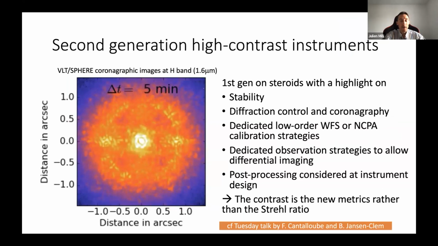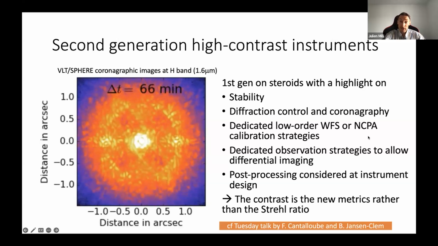And now with second generation high contrast imagers like SPHERE, GPI, MagAO-X, we have a much more stable point spread function or coronagraphic images. Here you see a sequence varying on the timescale of minutes. Those systems were based on first generation systems, but with a high density of actuators and a high number of subpupils for the wavefront sensing.